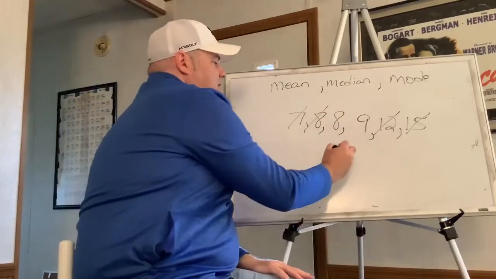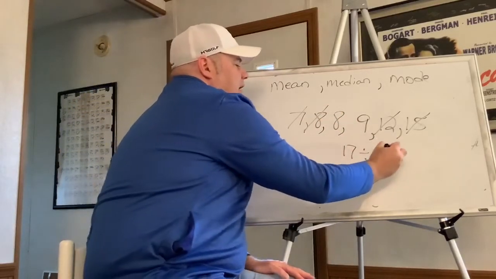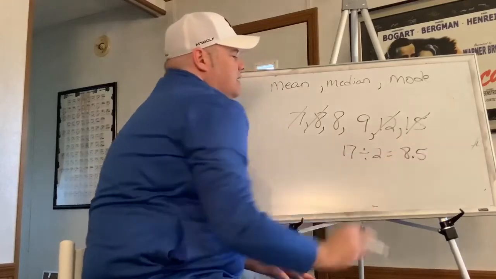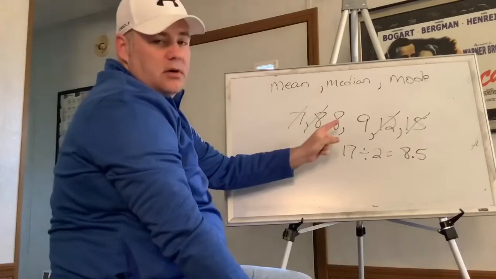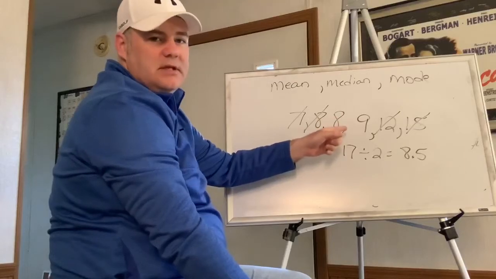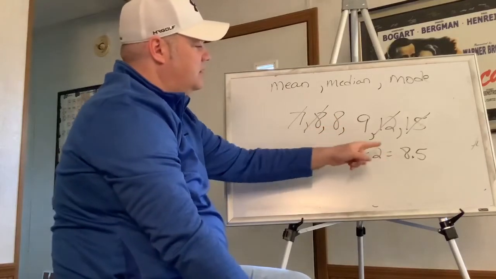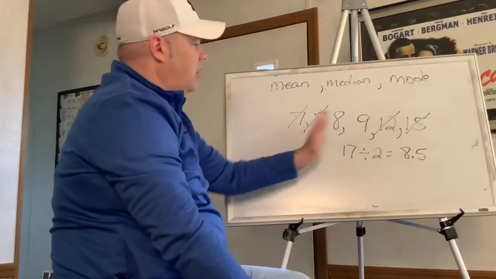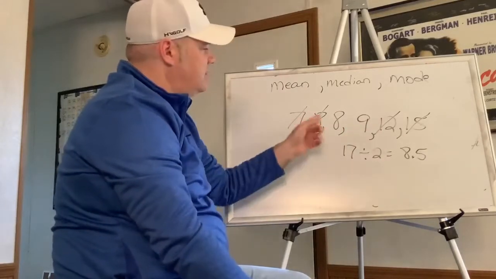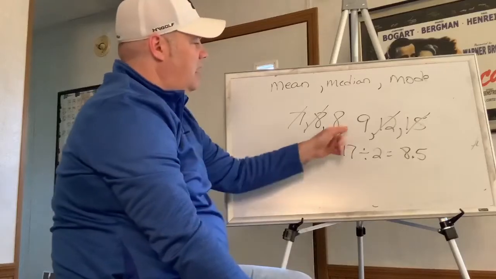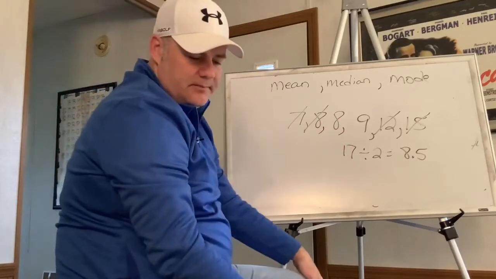But if I add them up, 17, and divide by 2, I get 8.5. You're either going to end up with a whole number as a median, like the one we did on the first one, or you're going to end up with 0.5 right in between them. So this is 8.5 if they're all whole numbers. Obviously that changes if they're decimals, but 8.5 is the median of this one.